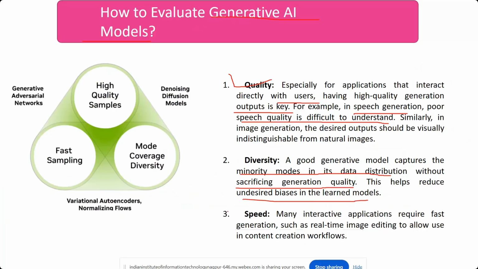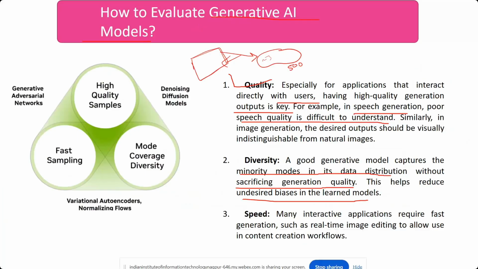And speed, as this is a very important task, many interactive applications require faster generation because you are creating something new here. Again, in a generative model, you have to train the model. You have here a neural network architecture, and you have to make this architecture learn the data set distribution. I have 500 images, so I need to train this neural network architecture to learn these 500 images and the data distribution of each category of images.